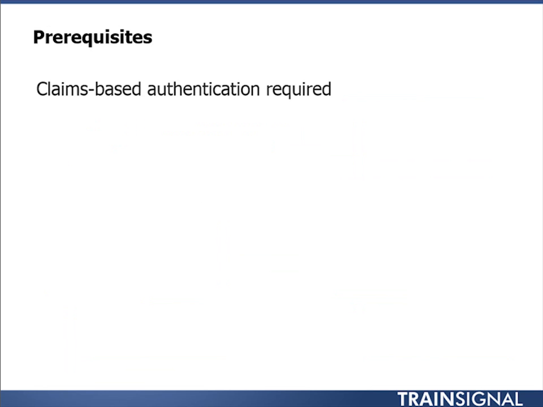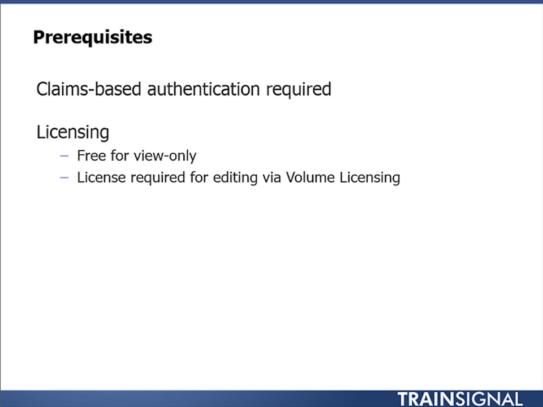Now, in order to set up and configure my Office Web Apps, there's a whole host of different things that need to be done. I do need to enable claims-based authentication for every web application that's going to use Office Web Apps. Classic mode is not supported. As I mentioned before, for licensing, if I'm just looking to view the documents, I can do that for free.